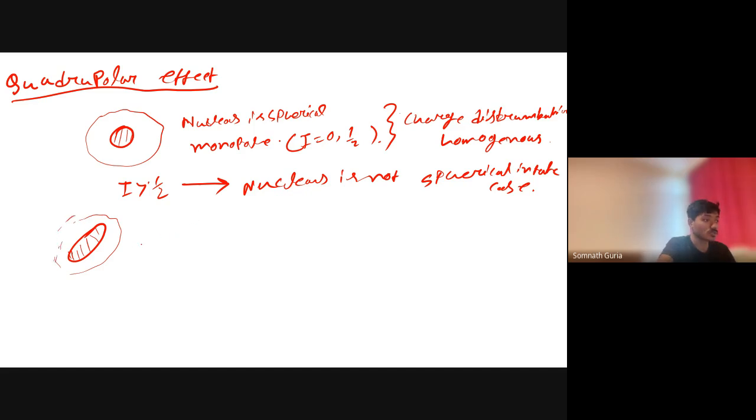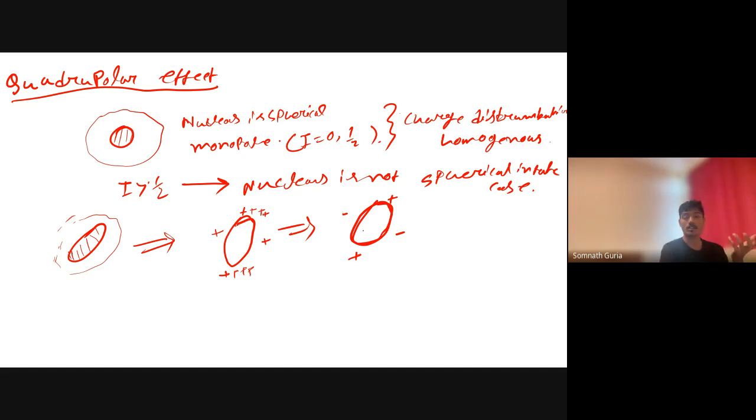So it implies that we have a nucleus with more positive charge here, more positive charge here, and less positive charge here, which implies my system is something like: here is positive, here is positive, here is negative, negative, by comparison. All are positively charged, but some have less positive charge and some more. So with respect to a certain reference, we can say one is negative and one is positive charge.